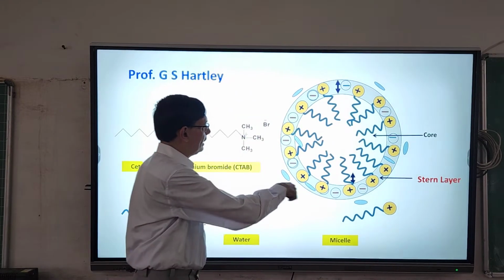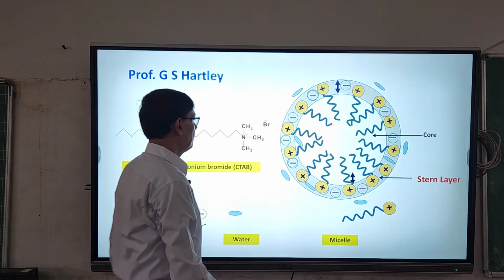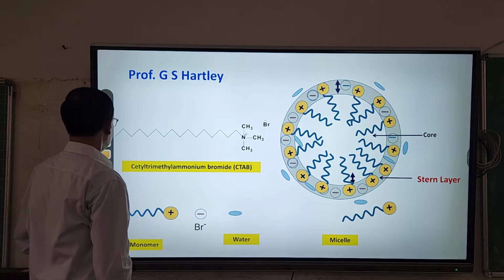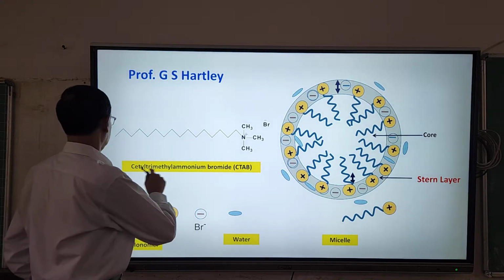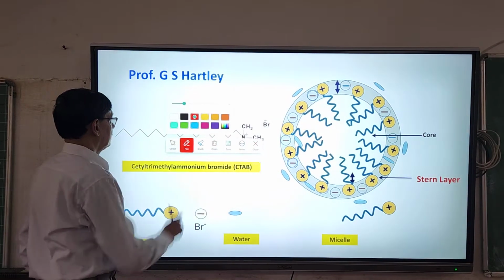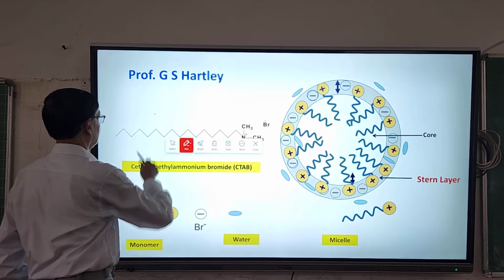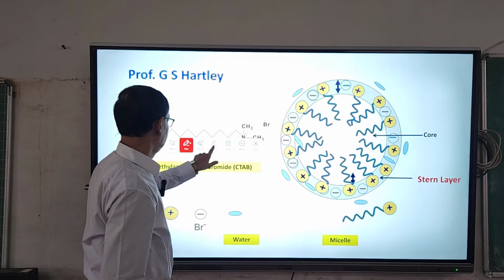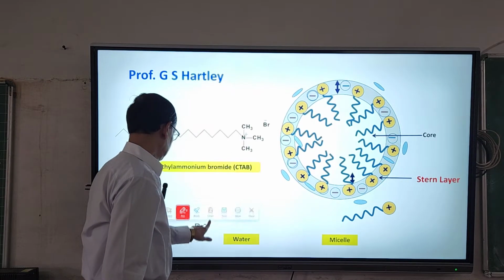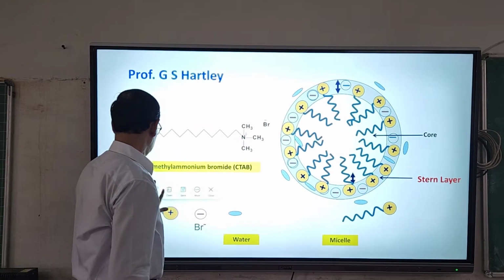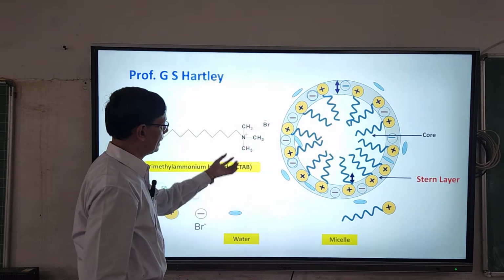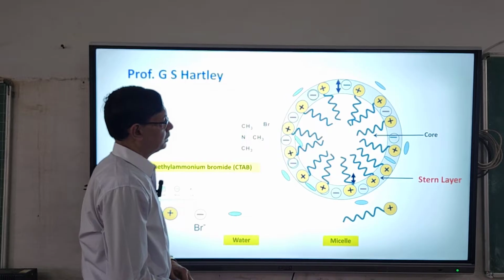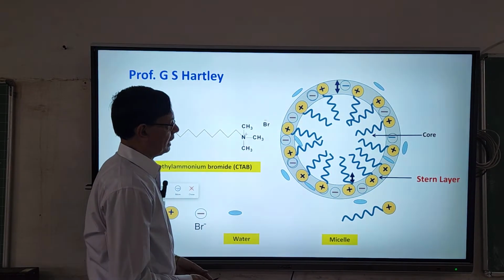But why I am showing this diagram to you is that if I am talking about one cationic type of micelle, there are two important parts.